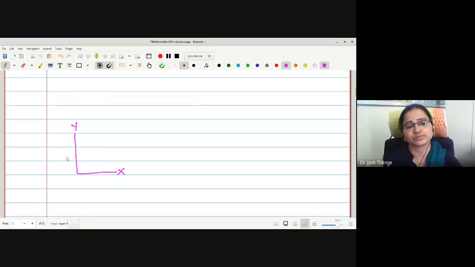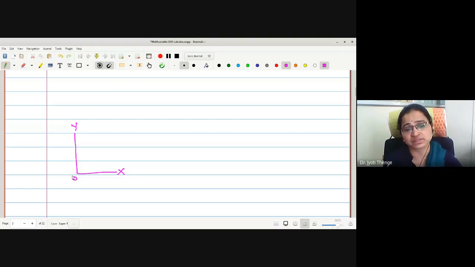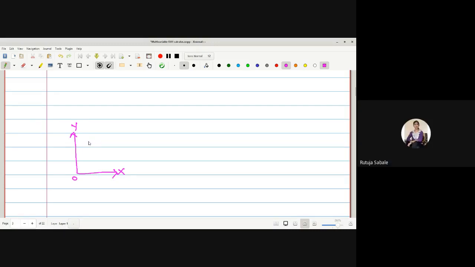Y equal to b, what it represents in a 2D plane is the question. Y equal to b is a line on the y-axis at point b.